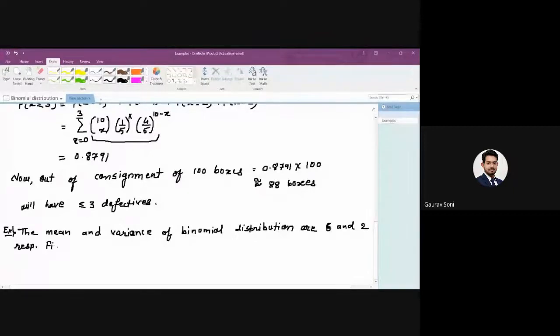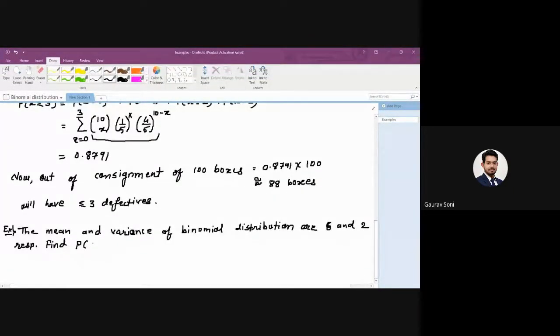Find the probability of x greater than or equal to 1. How can you deal with this now?